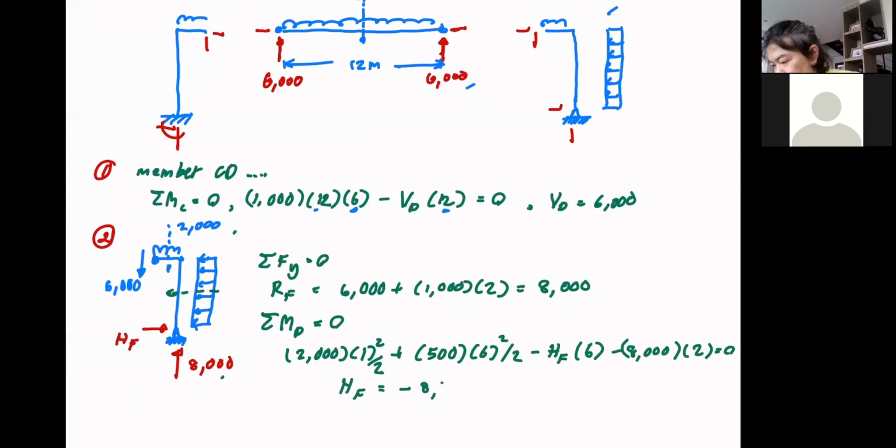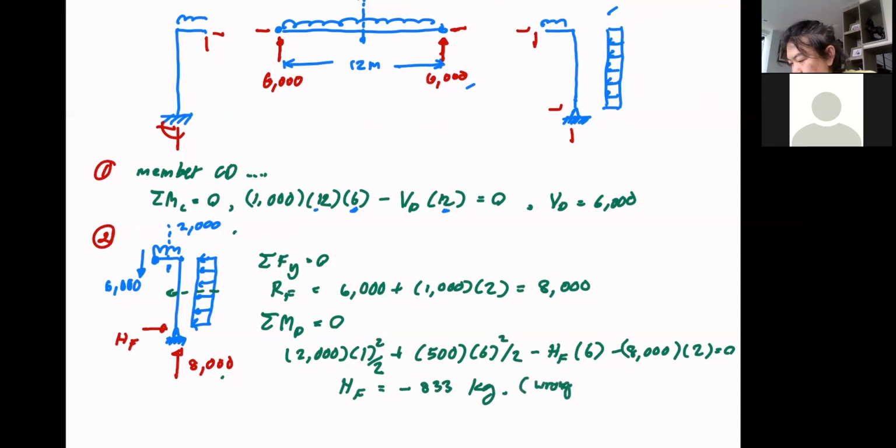Oops, sorry. Okay, no, not this one. 833 kilogram. Okay, the fact that it is negative means that my assumption of the direction is wrong.